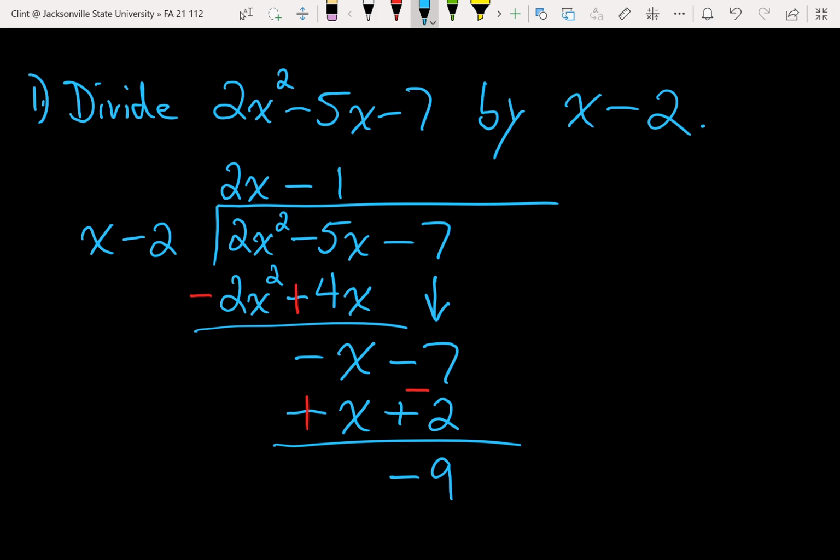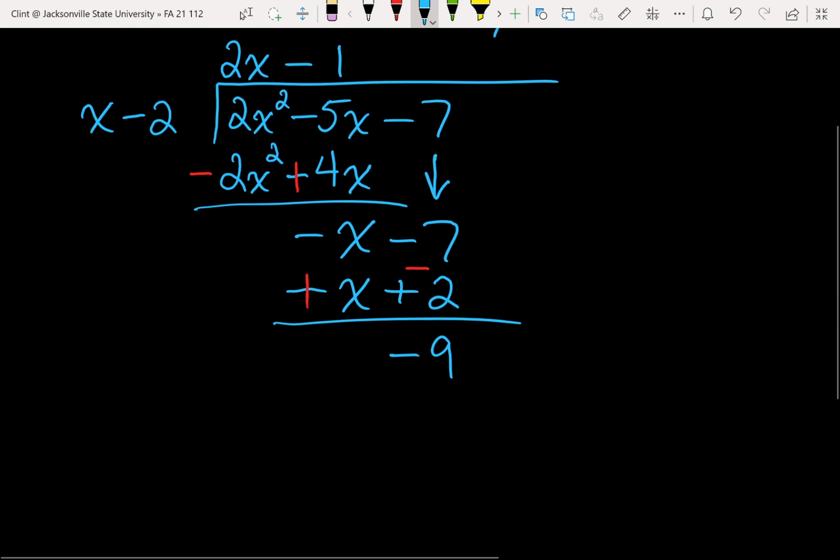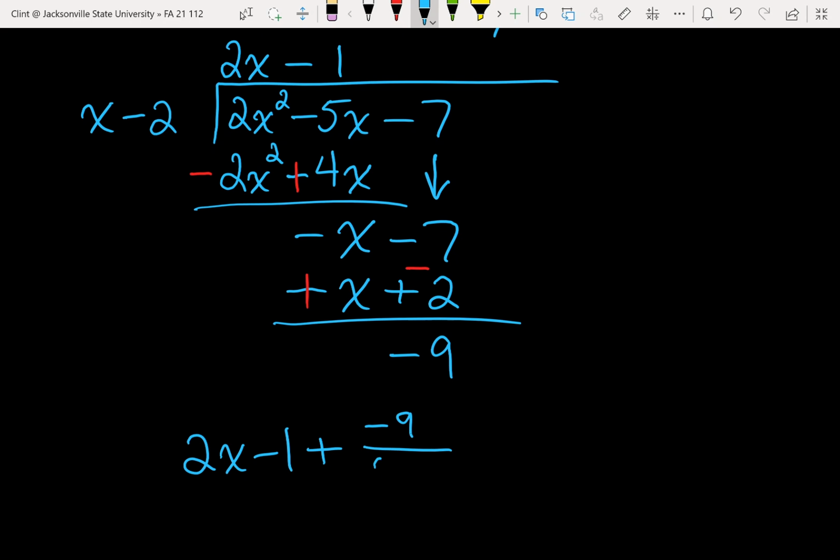And then it can ask us to give our answer two different ways. It could just ask us for the quotient and the remainder. So 2x minus 1 is the quotient part. Here our remainder would be negative 9. Or it could ask us to write it as 2x minus 1 plus our remainder over the divisor.